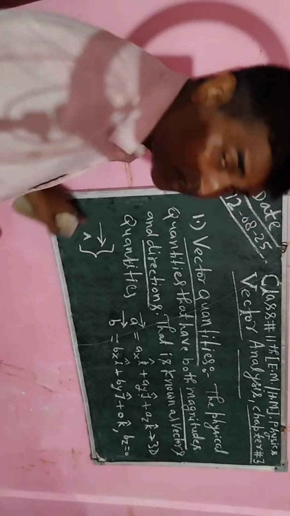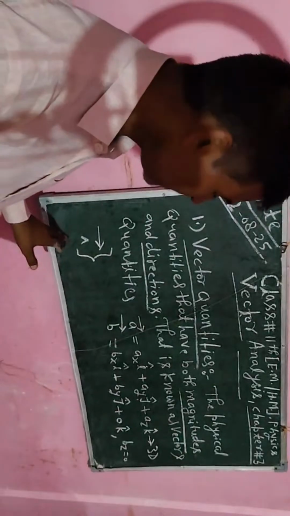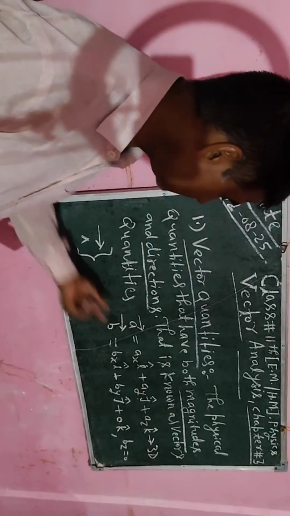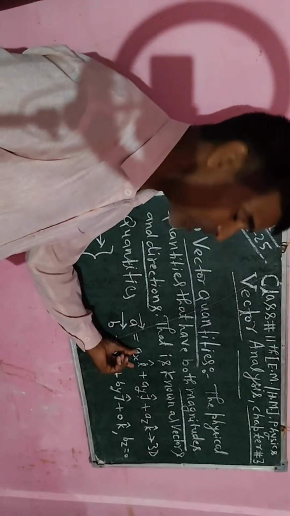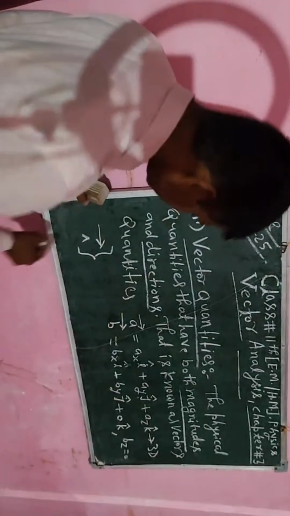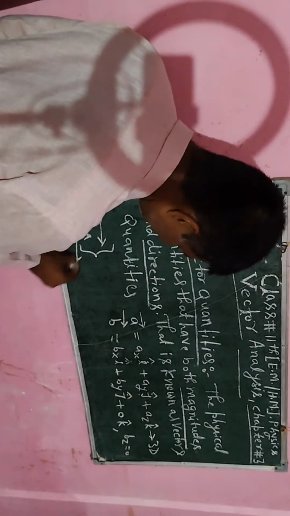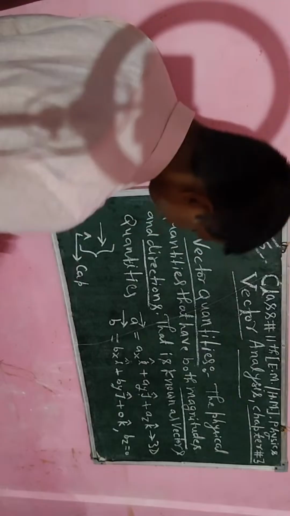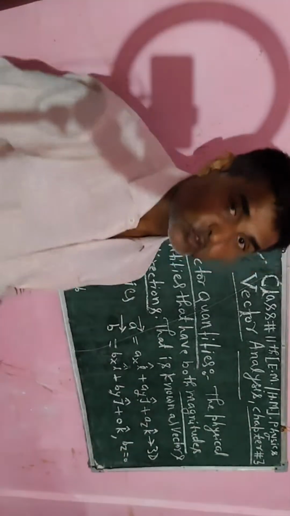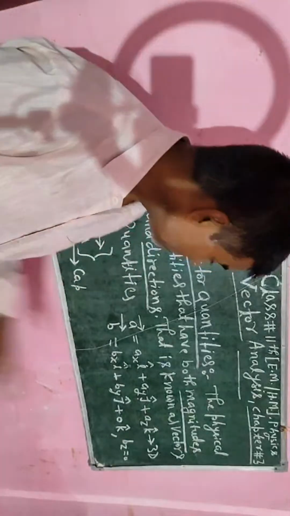This is the symbol of the vector. So we have to get this information. If any value is given like this, I will say that is the vector. Now the meaning of this is cap: i cap, j cap, and k cap. So each and every student has to remember it.